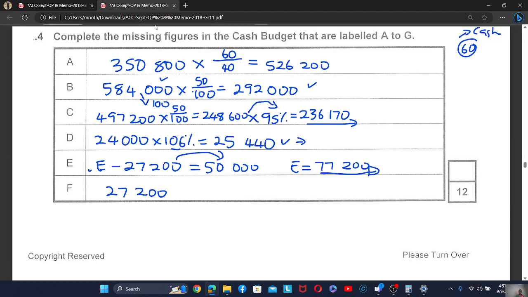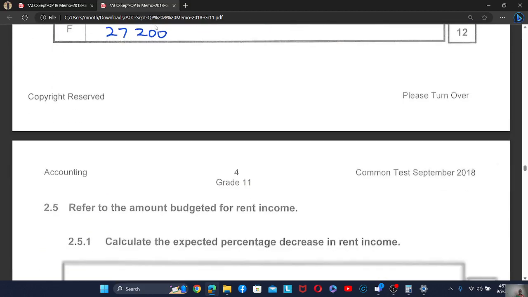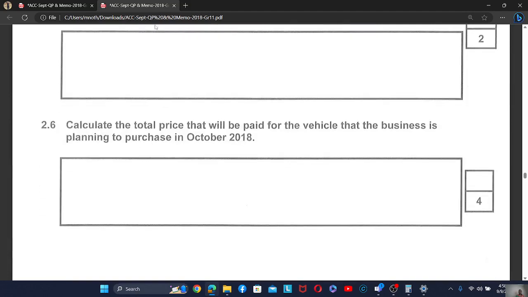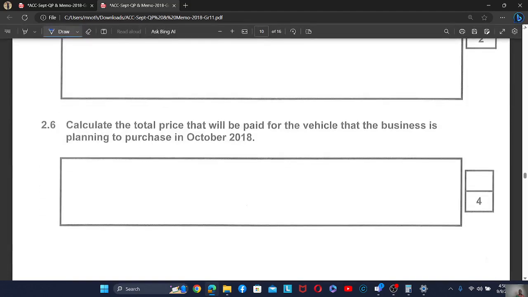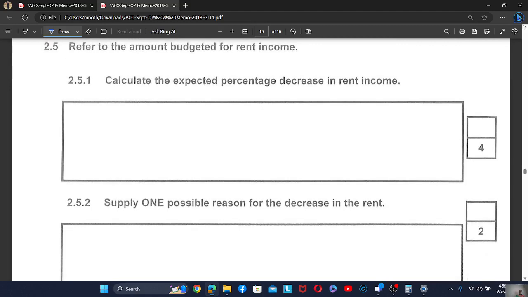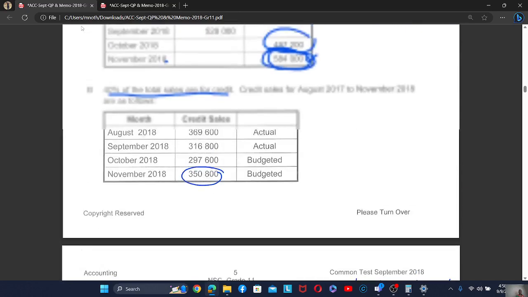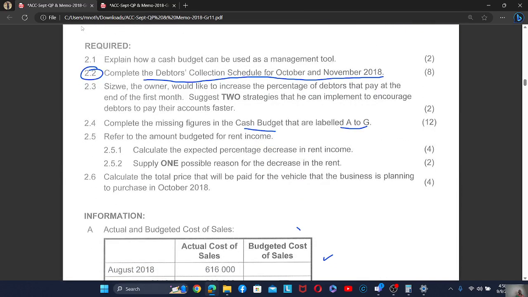So then from here, let's see. Okay, let's see what it is that they want. Okay, and then 2.5. Refer to the amount budgeted for rent income.